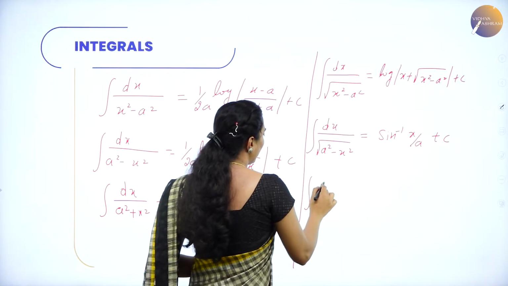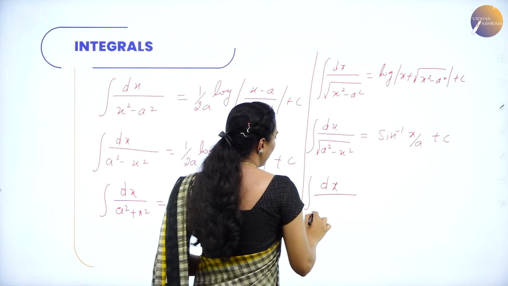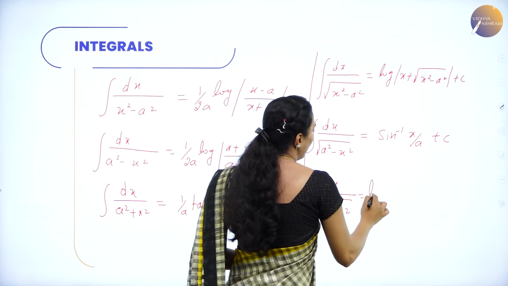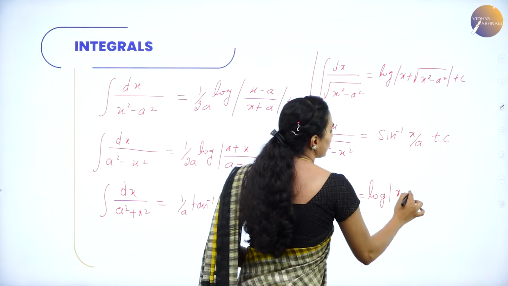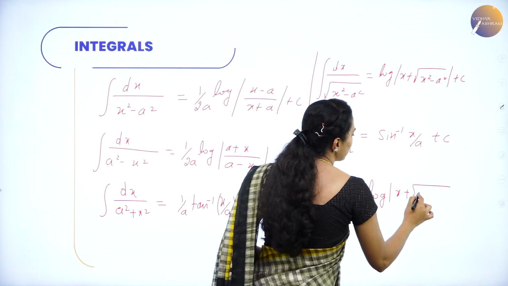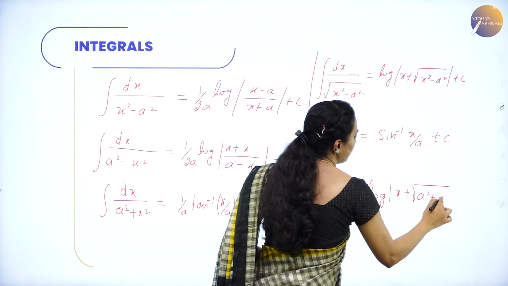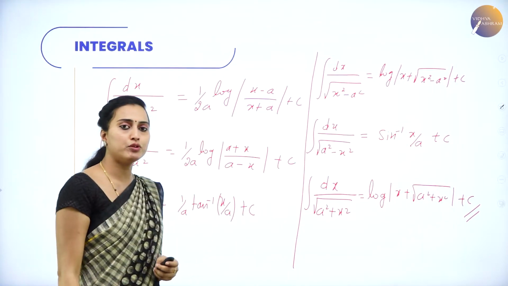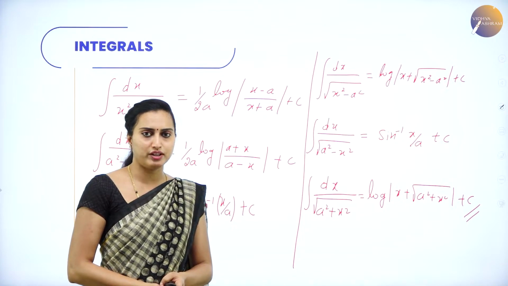For dx divided by under the root of a squared plus x squared, it is log of modulus of x plus under the root of x squared plus a squared, or a squared plus x squared, plus c. These are all the formulae you have to remember to solve the problems, dear students.